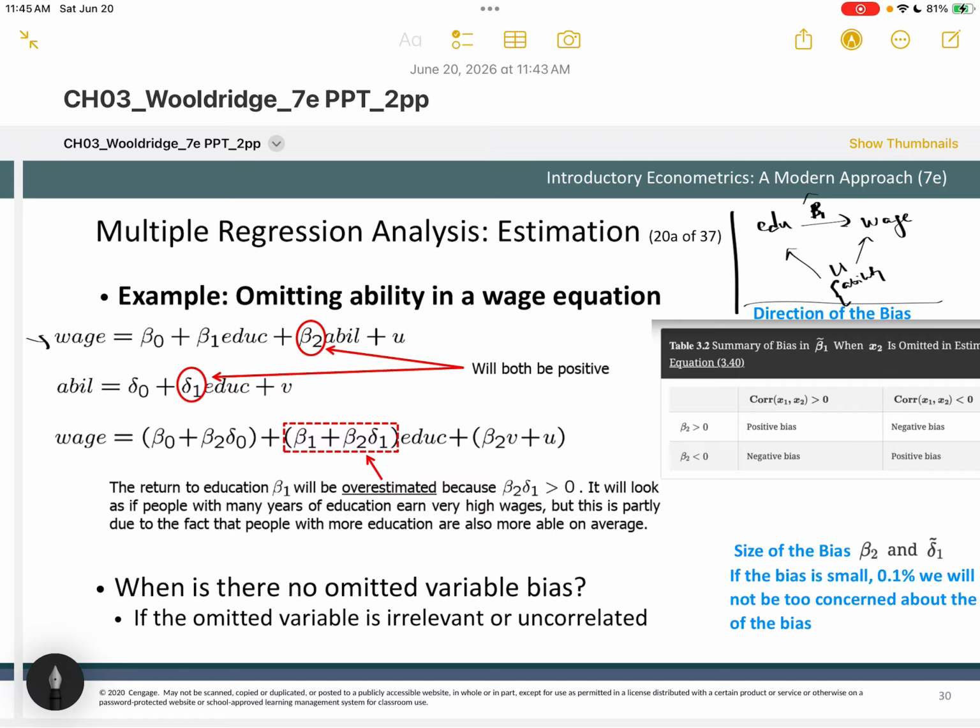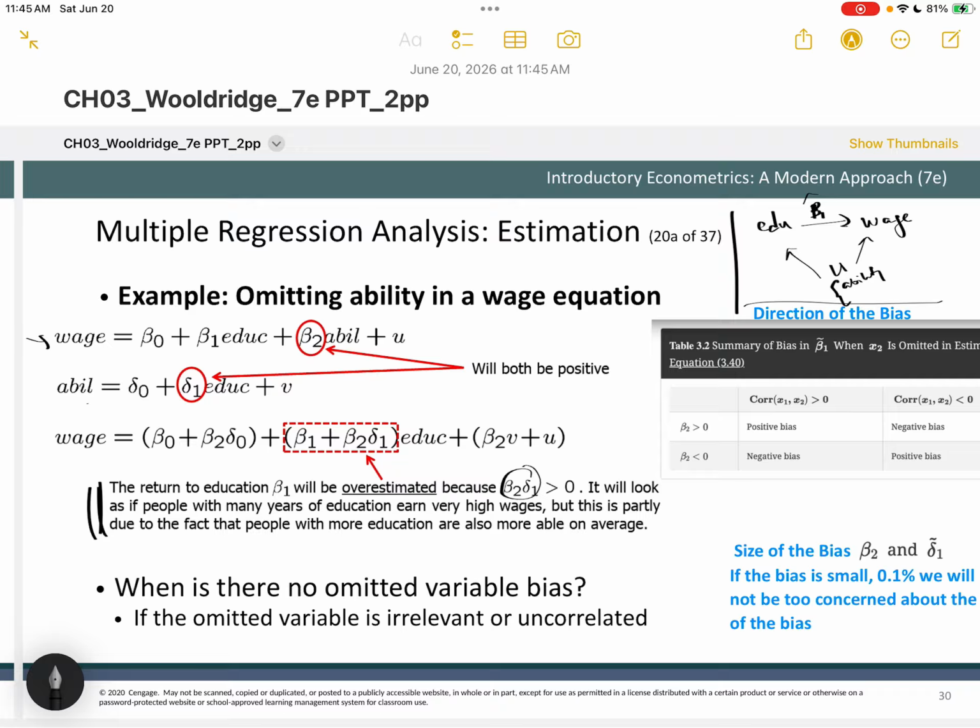So what I'm saying, and it's written right here, is that the impact of education on wage will be overstated because the bias beta 2 times delta 1 is positive. Now, what is beta 2? Beta 2 says more able people get higher wages.